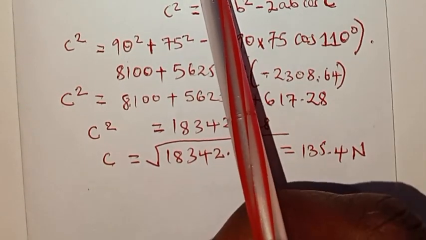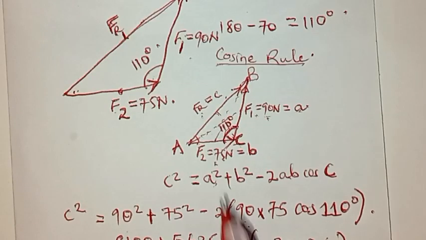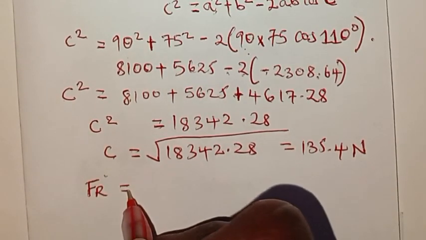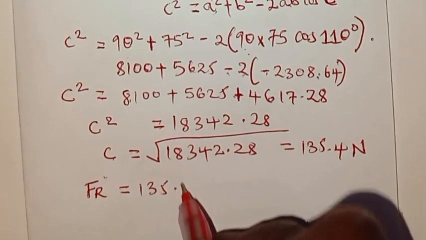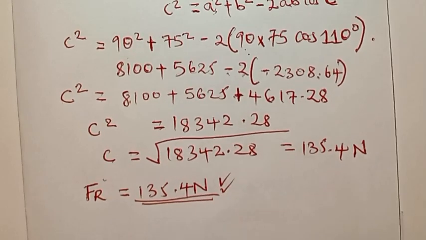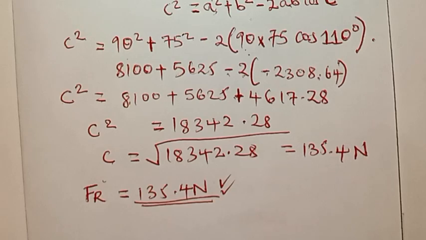Because Fr was equal to C, we represented Fr by C. So Fr is equal to 135.4 newtons. This is it. That is how we use the parallelogram law of forces to calculate the resultant vector and the magnitude of the forces.